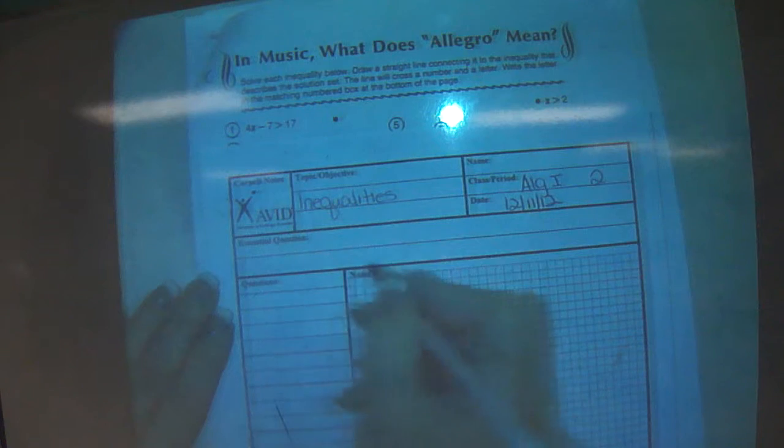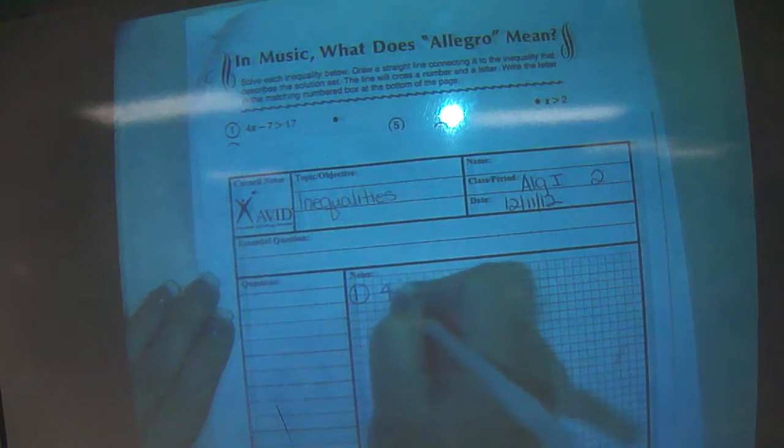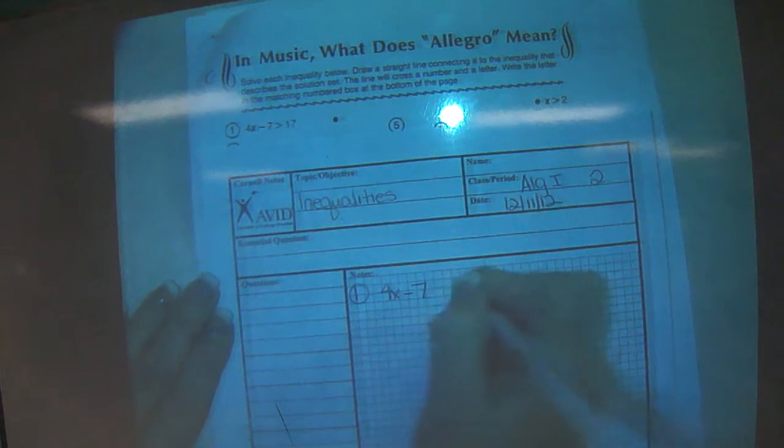So just to start out, we are going to do number 1, which is 4x minus 7 is greater than 17. When you start doing an inequality, you're going to treat it exactly like an equation.